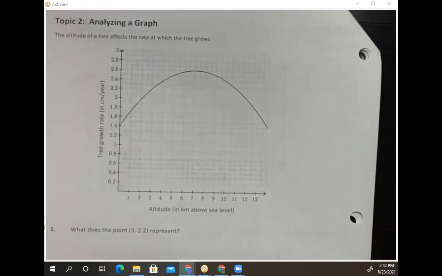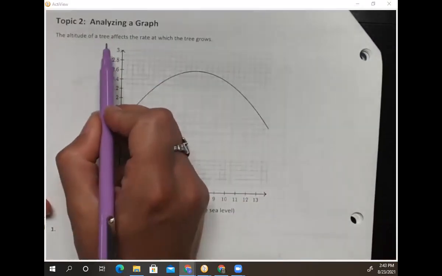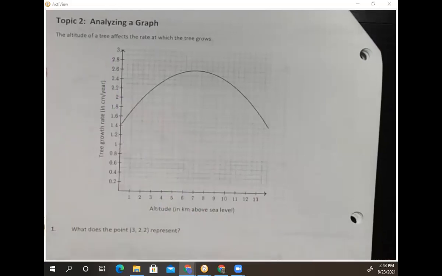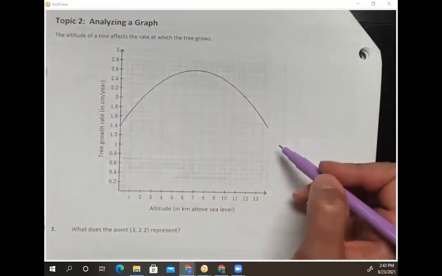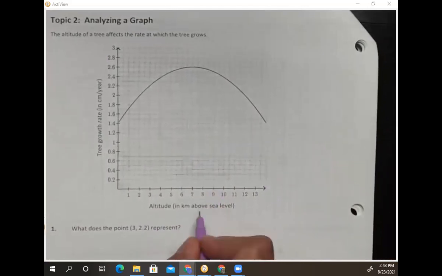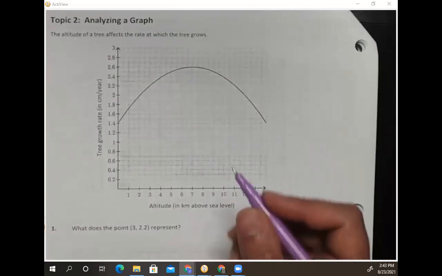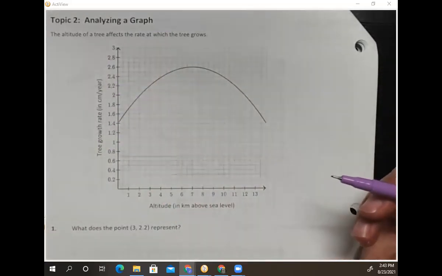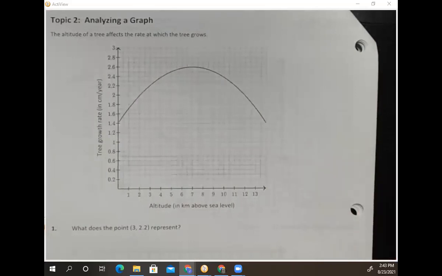Instead of a table of values, I'm starting with a graph. And it says that the altitude of a tree affects the rate at which the tree grows. So that's what I'm seeing here in this graph. So I've got this sort of curve here. My x-axis is labeled as altitude in kilometers above sea level. My y-axis is labeled as tree growth rate in centimeters per year, okay?